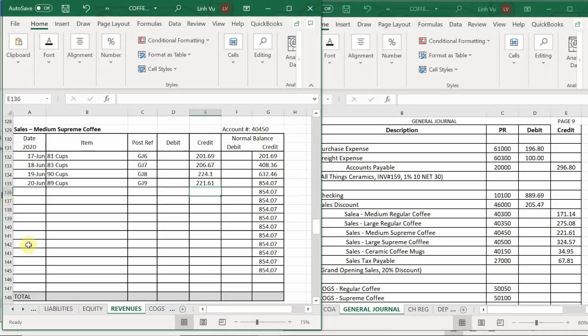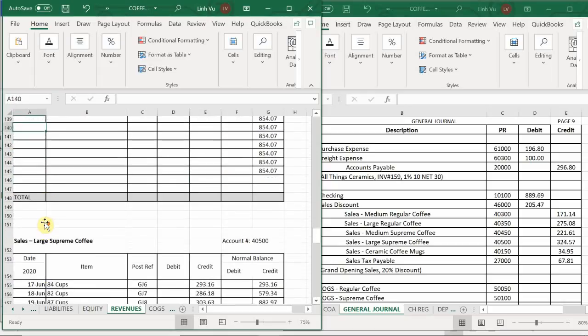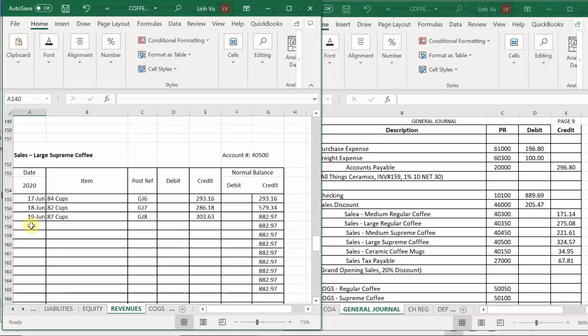Next is your sales large supreme coffee, 93 cups for 324.57 with a running balance of 1,207.54.